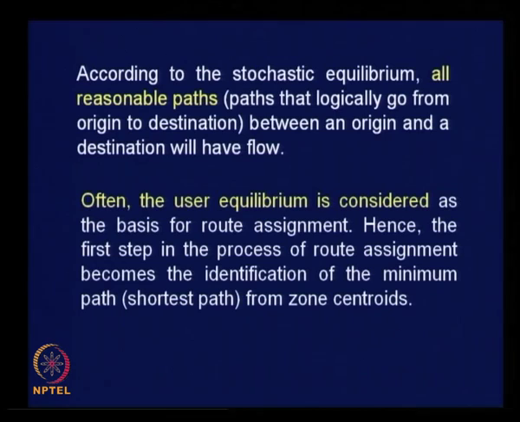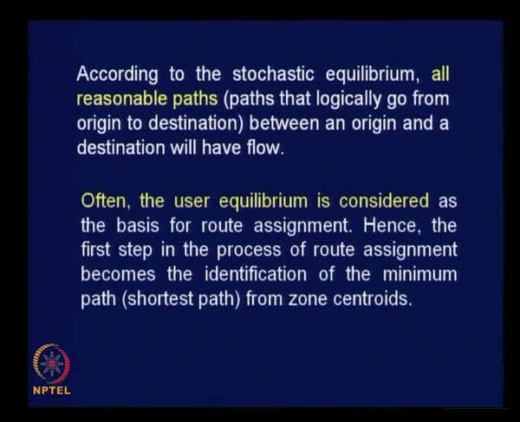Why? Because as per this equilibrium, we assume that all the users will use the shortest path. So it is important for us to know the shortest path from a zone centroid to all the points of interest. Points of interest are the centroids of other zones. So that is the first step as per the user equilibrium principle.